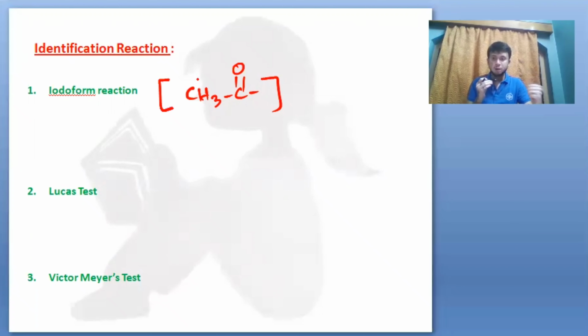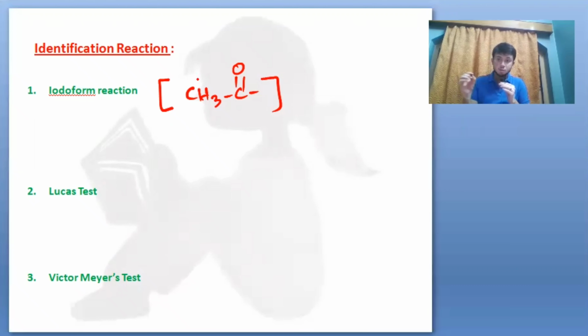Now this group can be present in aldehyde, ketone, alcohol. In alcohol, I am going to tell you how to see this group, because if we oxidize the alcohol, this group can be found. So we just have to assume that.